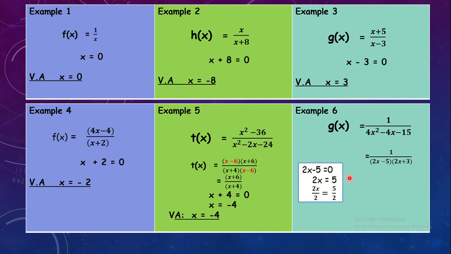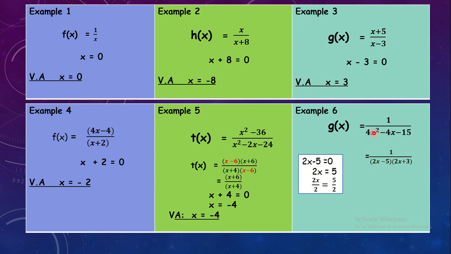Okay? Example number 6, we have g of x is equal to 1 over 4x squared minus 4x minus 15. So, guys, we have to simplify this one. You have to factor the trinomial by grouping. So, and then my next slide is i-recall lessons kung paano ba nagpa-factor ng by grouping ng trinomial.